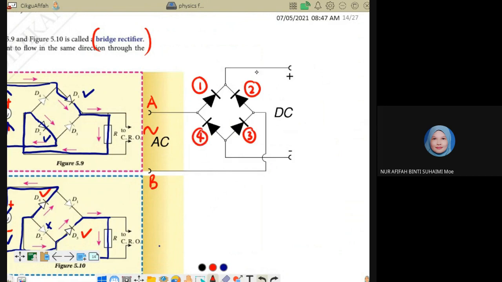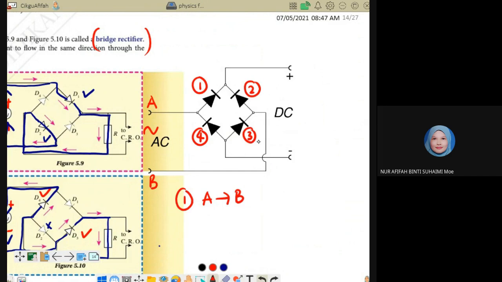I just made the numbers. So which one first? From A to B, positive half cycle from A to B, it will use diode number 1. Okay, diode number 1. Right? And then one more, diode number 3.